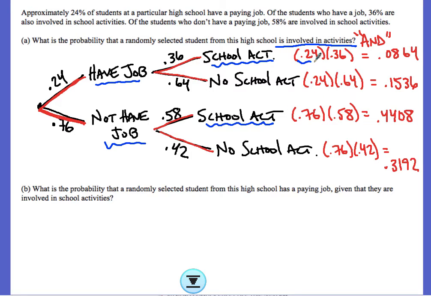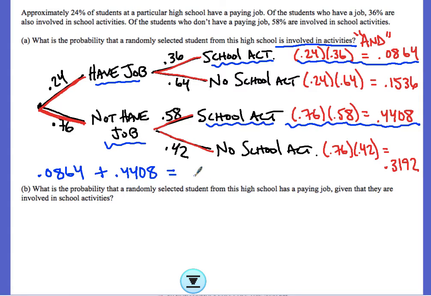So I'm going to add those two up because it's one or the other. So I add those two things up, and my final answer is going to be 0.5272. So that answers part A.